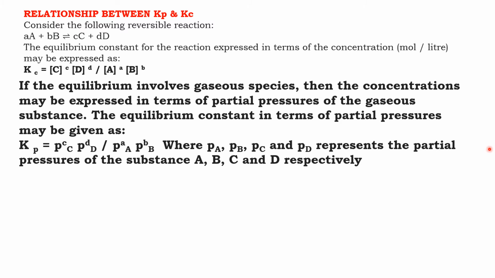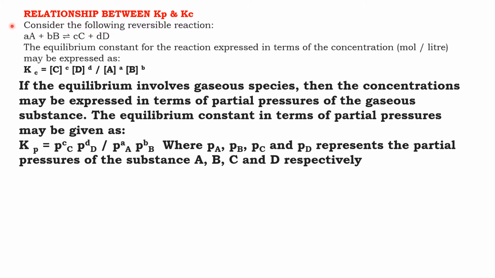Now we have to establish a relationship between Kp and Kc. What is Kp? The equilibrium constant when we consider partial pressure. What is Kc? The equilibrium constant when we consider moles per liter or molar concentration.